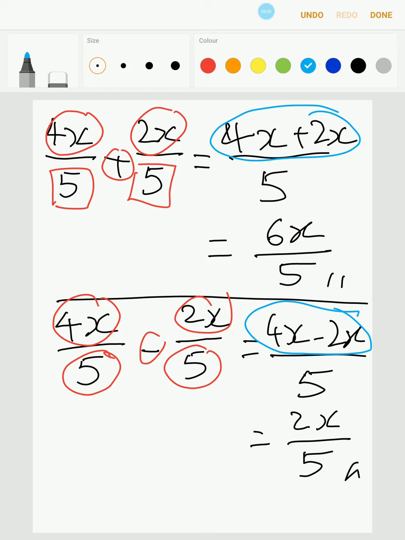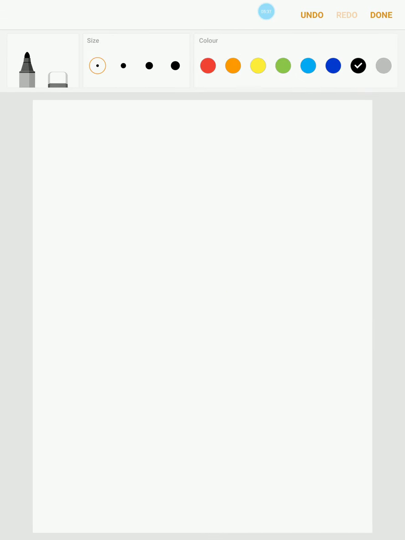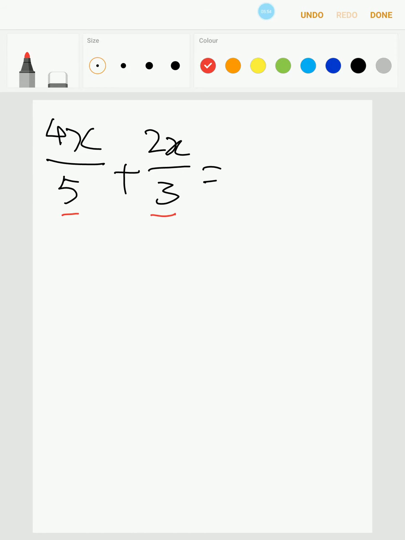Okay, now we look at slightly more difficult ones. Alright, erase all again. Okay, let's look at this. What if it's a different denominator? 4x over 5 plus 2x over 3. What do we get? What must we do first? Remember, the same thing we do is check the denominator. Are they the same?